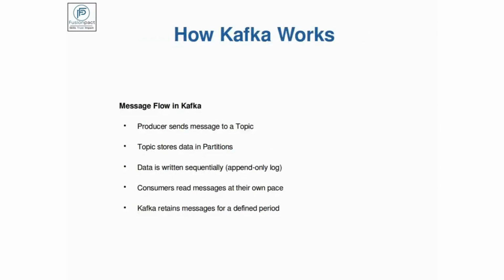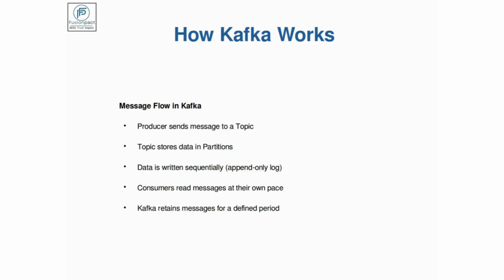So how does Kafka work? The producer sends a message to a topic, and the Kafka server stores that message in the topic in a partition. A partition is generally the storage provided by Kafka, and the data is stored sequentially, as an append-only log. We can take it like what we do in a stack, last in first out.